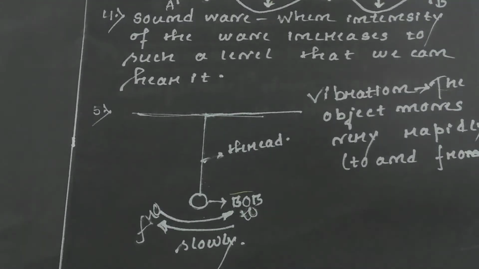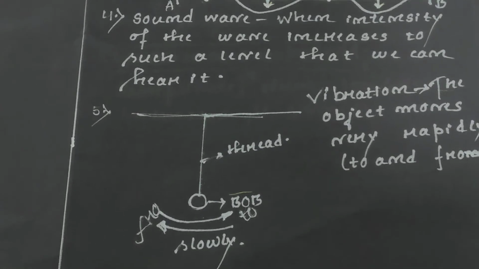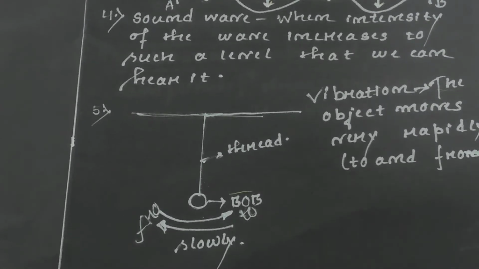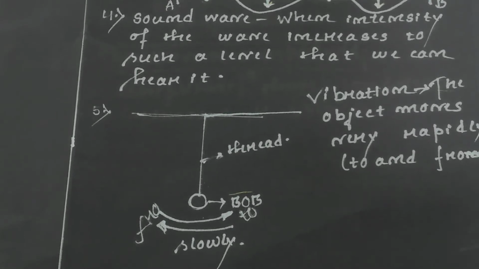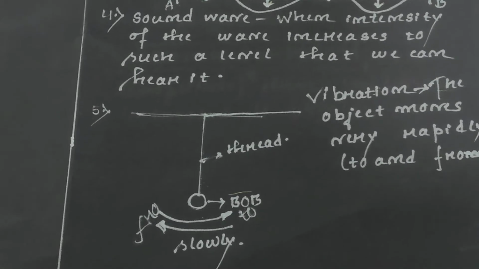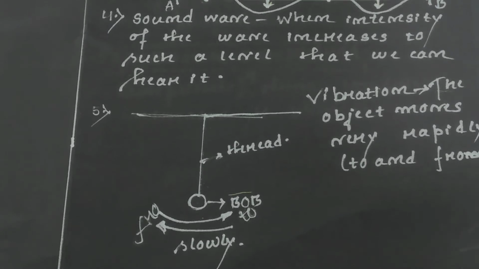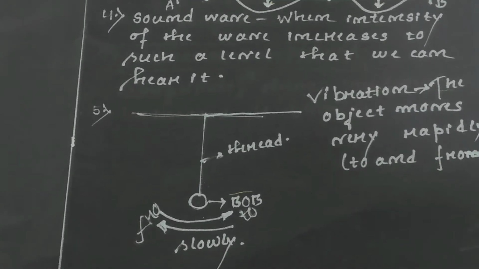So to check to and fro motion, we use a simple pendulum. As you can see in this figure, I have drawn a simple pendulum to help you understand the difference between vibration and oscillation.